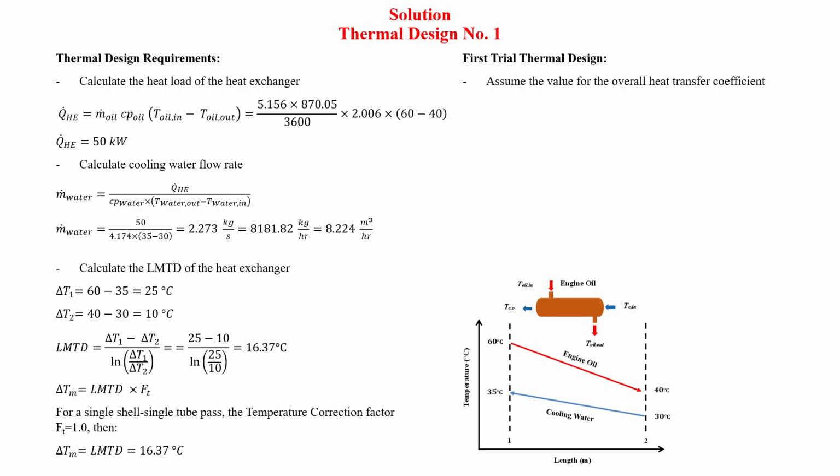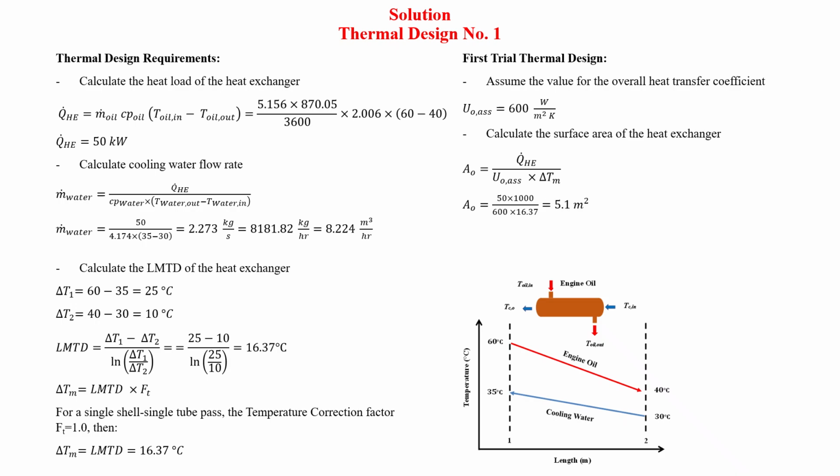which is corresponding to 16.37 Celsius. Let us assume the first trial value of U. Let us start with 600 watt per meter square Kelvin, and that will give us the outside area of the heat exchanger based on the external diameter of the tube.